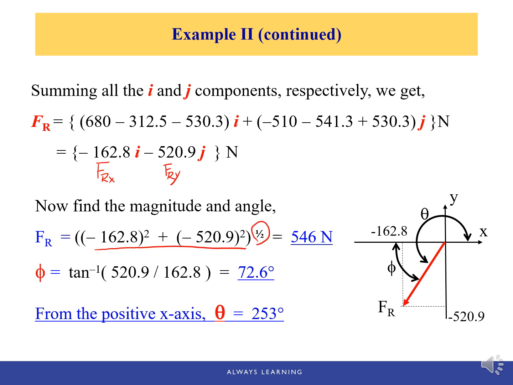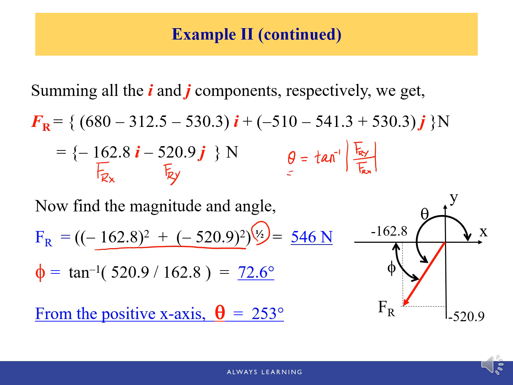But for the angle, if we are going to use the given formula, which is theta equals inverse tangent, the absolute value of FRy over FRx, really think, what is this value?